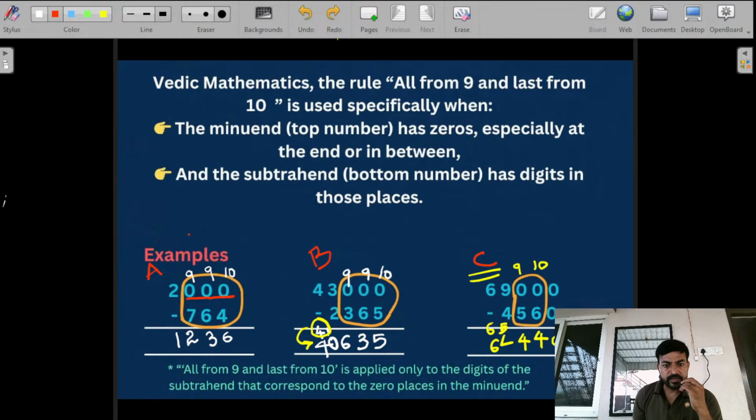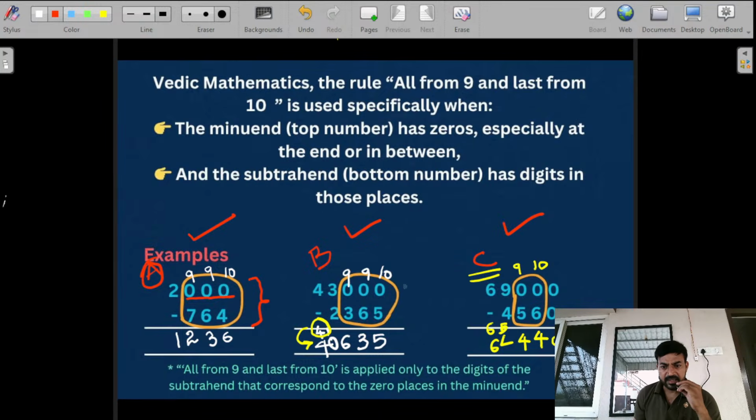So this is one case, this is another case, and this is another case. The three different cases, A, B, C. When you have only zeros in the minuend, case A, and if you have digits also, case B. It has only zeros in the minuend and digits in the subtrahend.